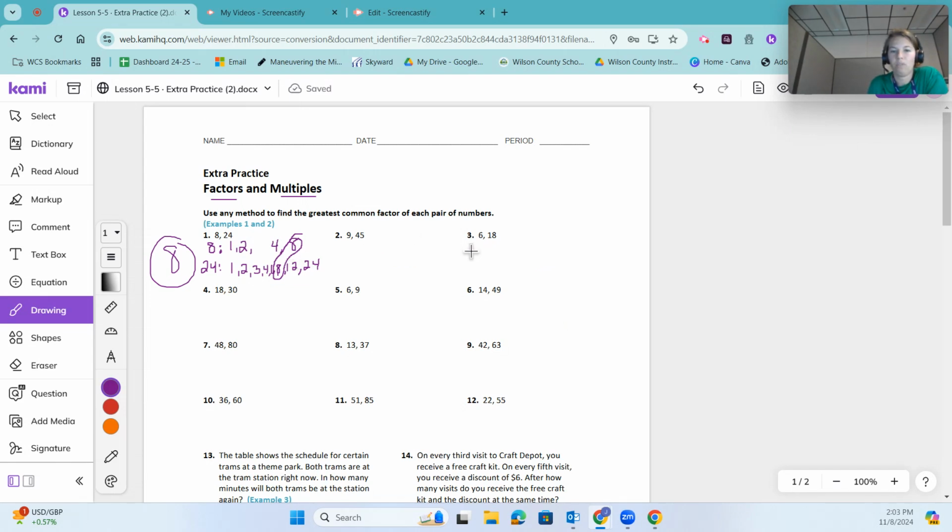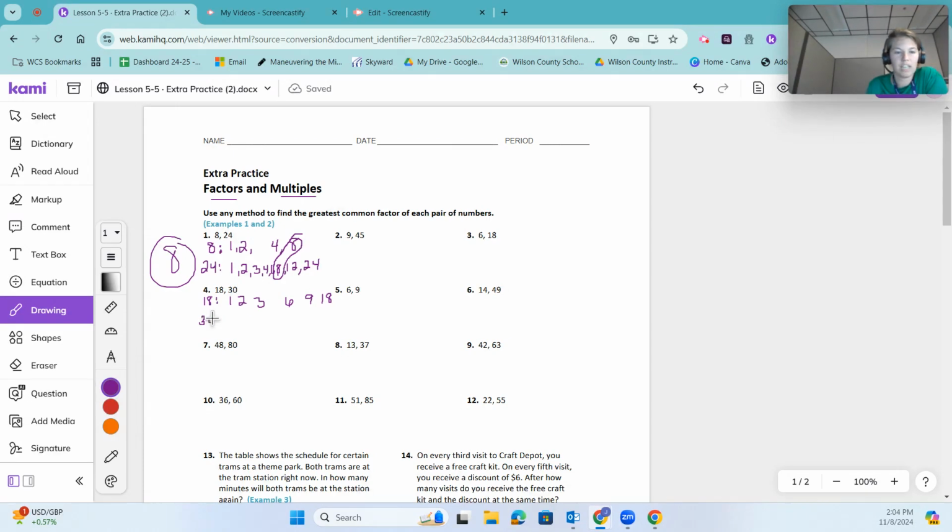If we list all the factors of 18 and 30, for 18, I would have 1 and 18, 2 and 9, 3 and 6. 4 does not go in evenly and neither does 5. So it's just those 6 numbers.